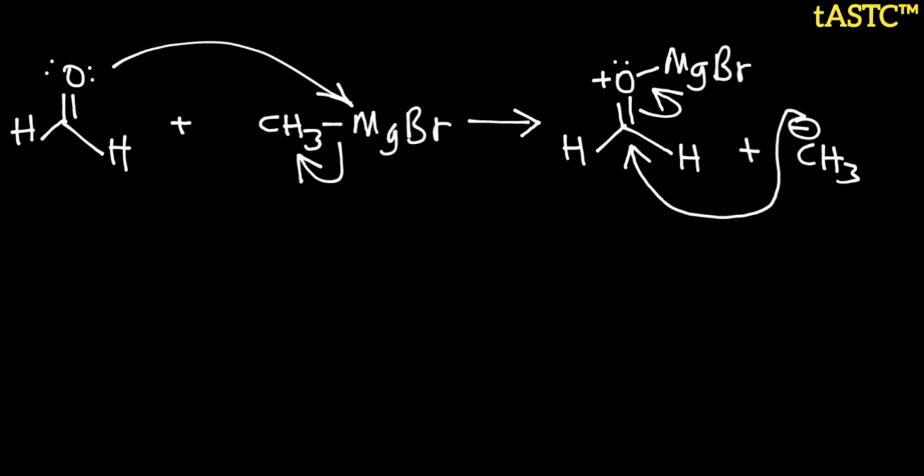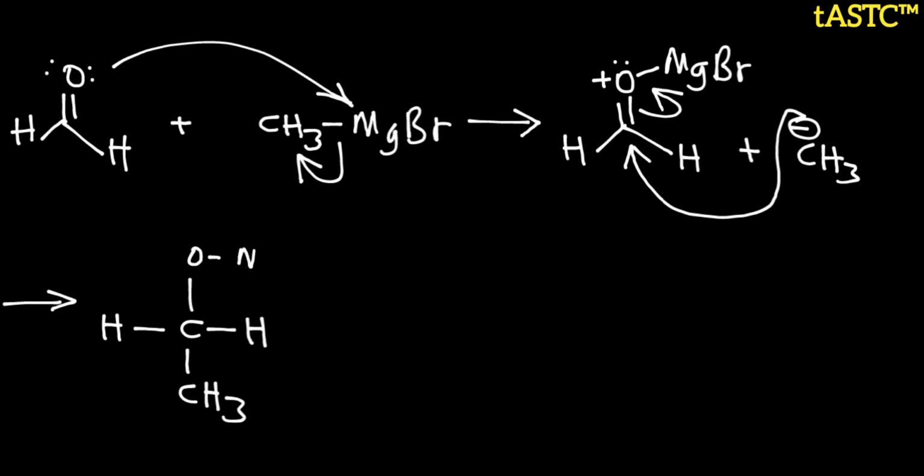Moreover, we know that oxygen is very electronegative, so it's trying to remove 1 bond away from itself and carbon to recreate its last lone pair of electrons. So this is what you're going to have. So this is a CH3, and here we actually have the oxygen connected to the magnesium bromide. So this is what you have.